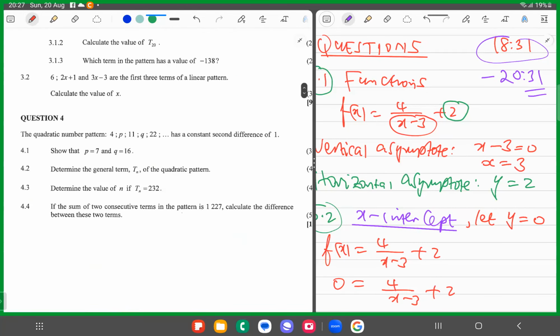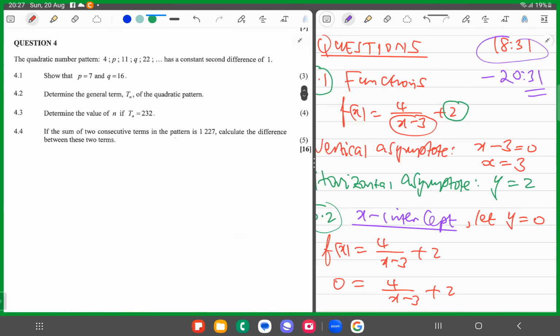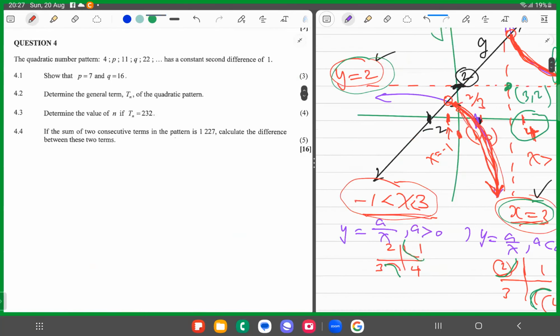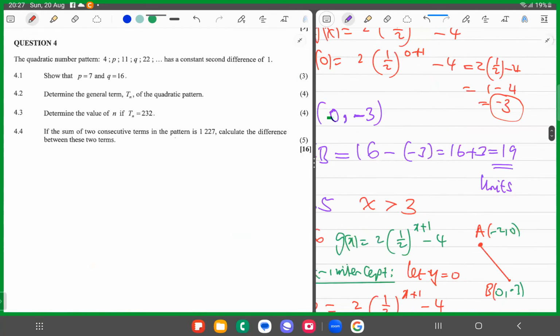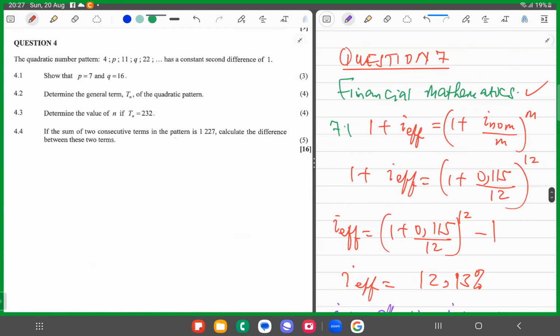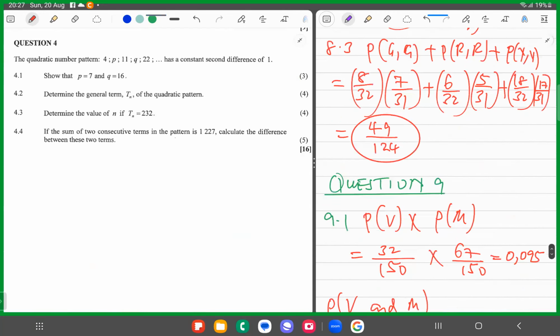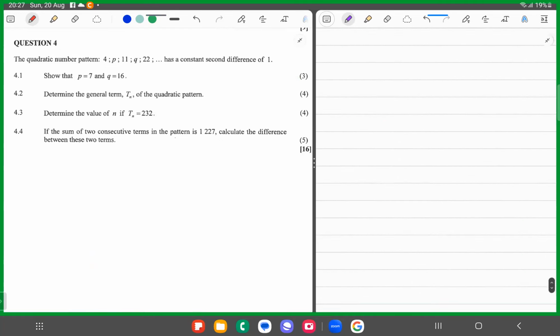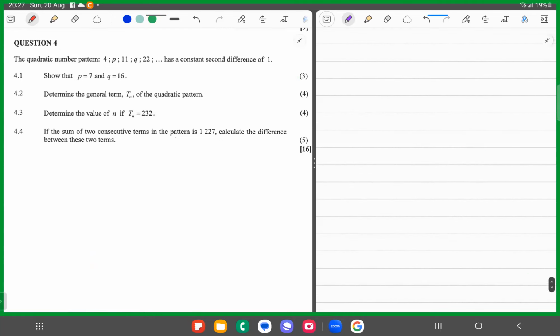Okay, we're looking at these now. It's this idea of sequences that also appear in the exam, but now we have the idea of what we call quadratic sequences. Let's look at quadratic sequences.